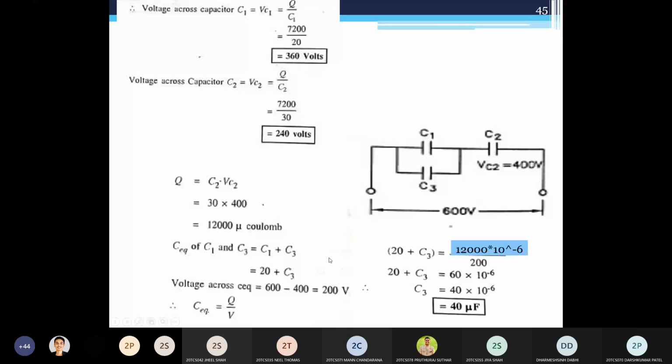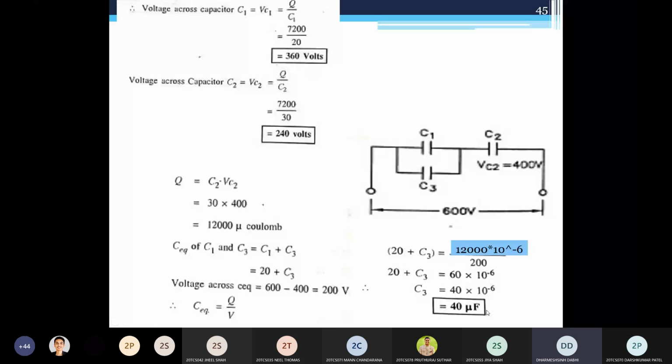So now from this equivalent capacitance 20 plus C3, you can derive the value of C3. So 20 plus C3, the equivalent capacitance, is equal to what? Q by V. Q is 12,000 microcoulomb, divided by the voltage across this equivalent capacitance, which is 200. So finally you get the answer 40 microfarad.